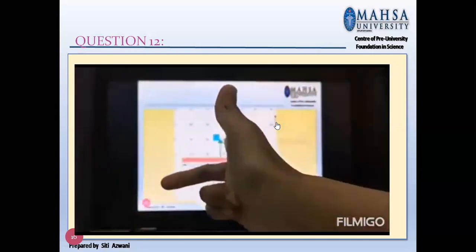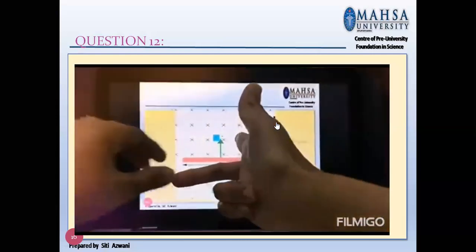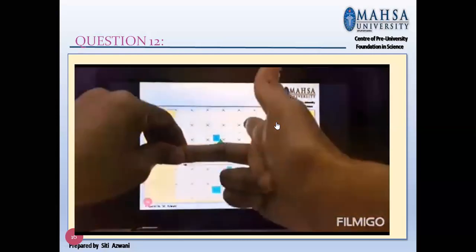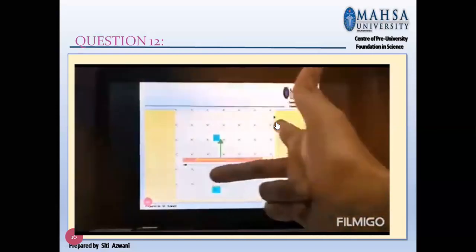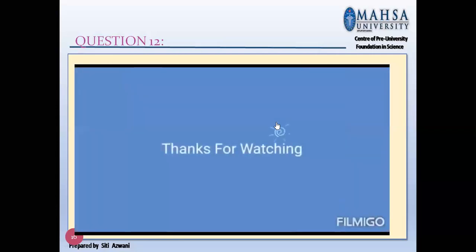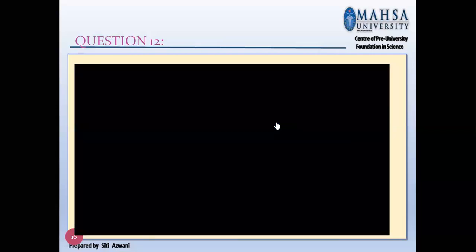The first finger points into the page because the magnetic field B is into the page, and the second finger is the direction of the induced current.